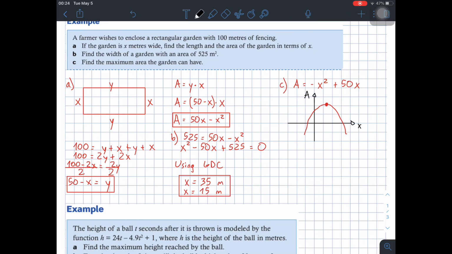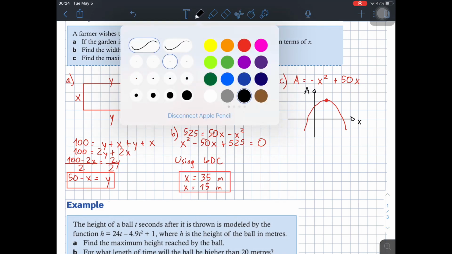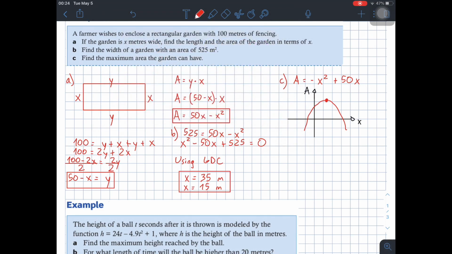Okay, so we need to calculate the vertex. If you remember, if we have this equation over here, how can we calculate the vertex? We could calculate it by identifying the axis of symmetry first. If you remember, the axis of symmetry can be calculated by doing minus b over 2a, which would also be the x coordinate of the vertex.